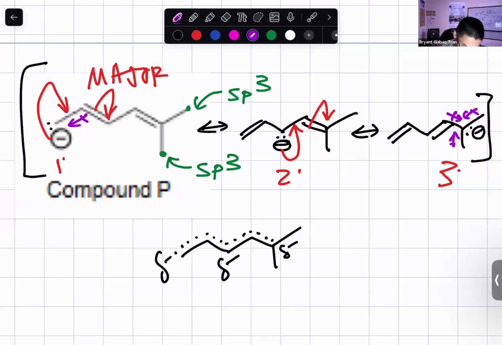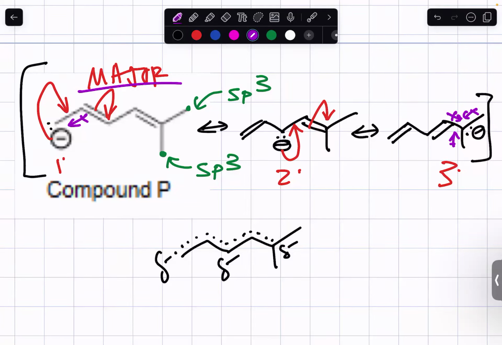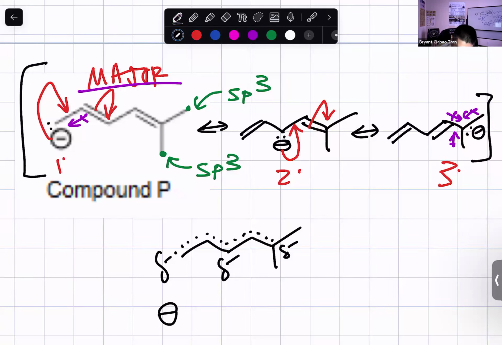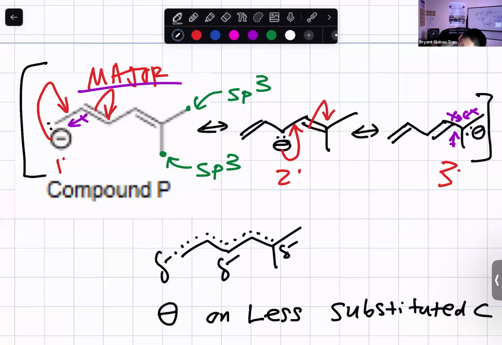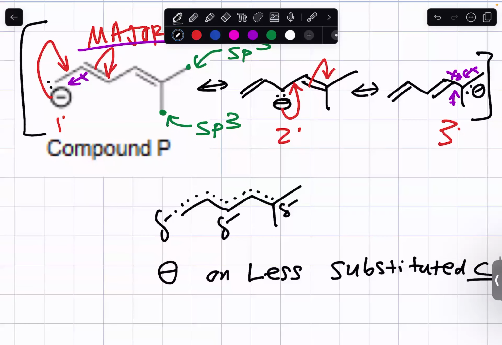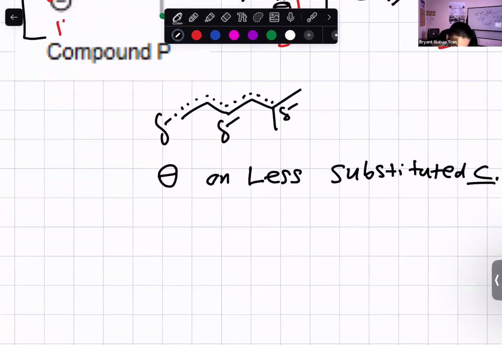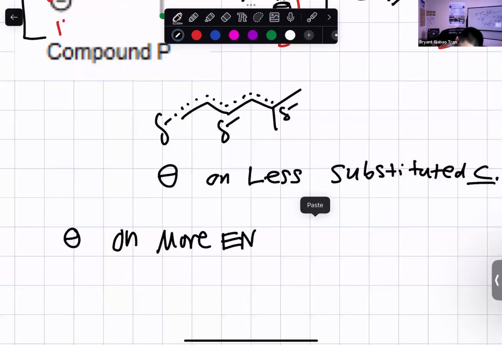Okay. Yep. And so is that another factor to determine the major one that you just mentioned? Yeah, that's another factor: negative charge on a less substituted carbon. That's another factor. But if you have a negative charge on a more electronegative atom versus a negative charge on a less electronegative atom, the negative charge on the more electronegative atom is going to be more stable.